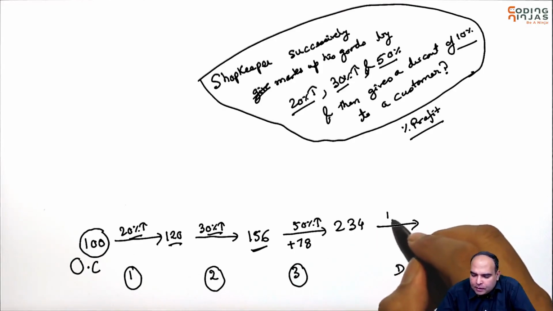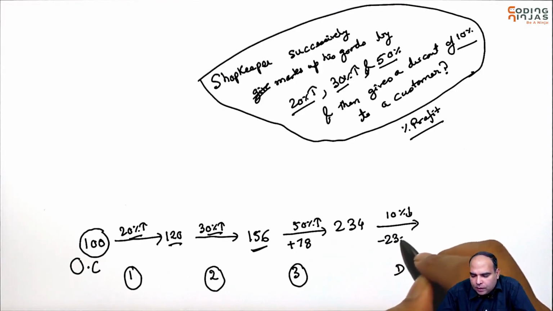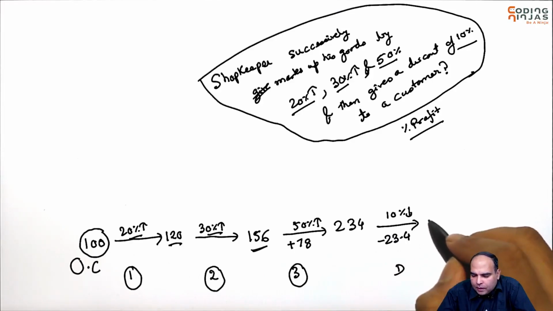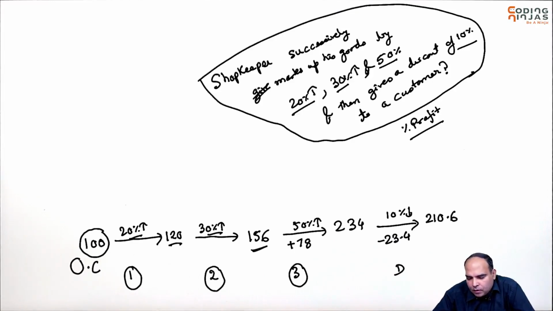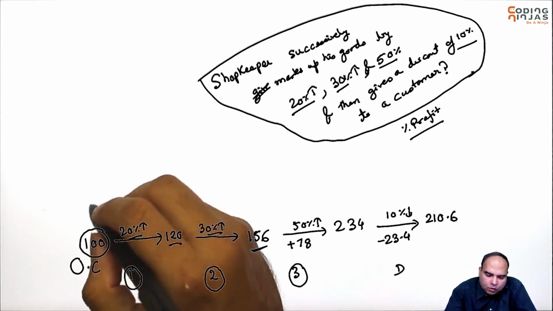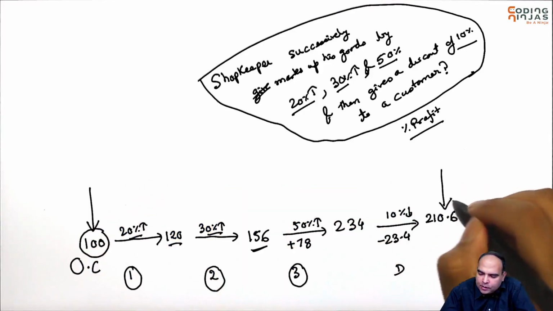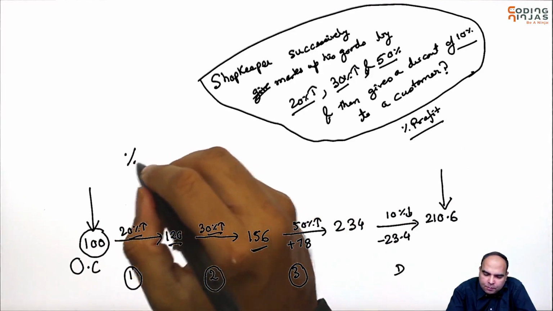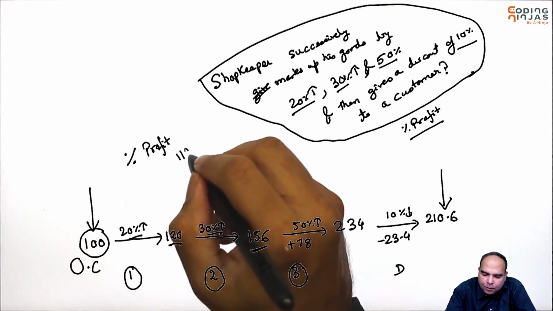And the 10% discount then, which will give you minus 23.4, will make it 210.6. So the shopkeeper, because his original cost was 100 and his final value is 210.6, the percentage profit of the shopkeeper is 110.6%.